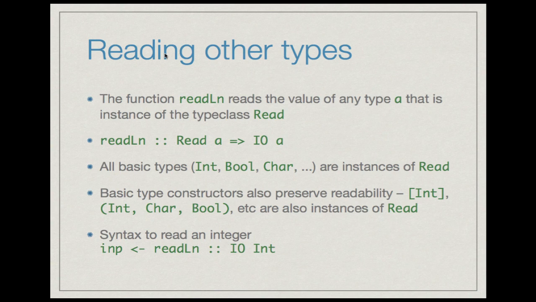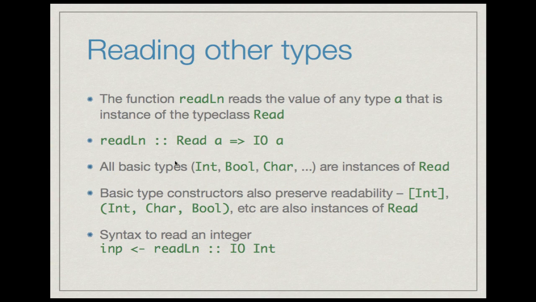Strings are not the only things that can be read. We can read other values, but these other values have to belong to a type A that is an instance of the type class Read. For this, we use the function readLine, which is denoted readLn, whose type is Read A implies IO A. All the basic types Int, Bool, Char, etc. are instances of Read.